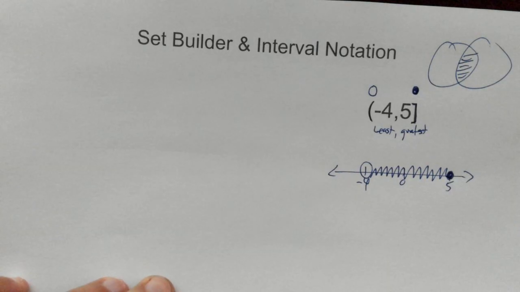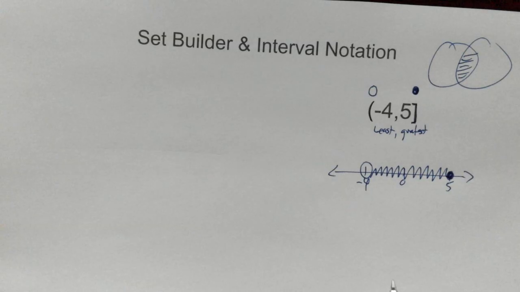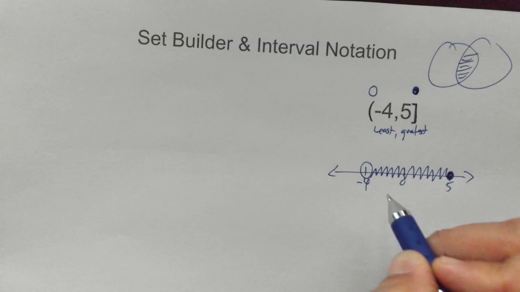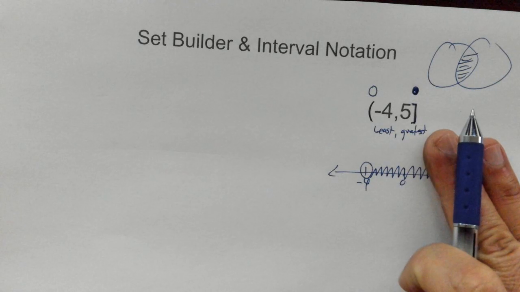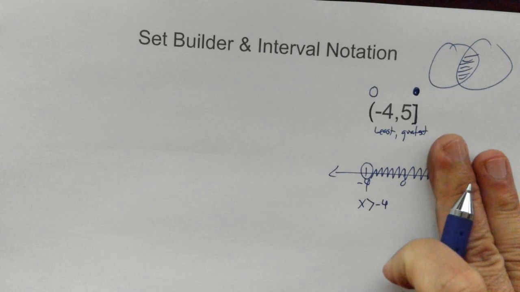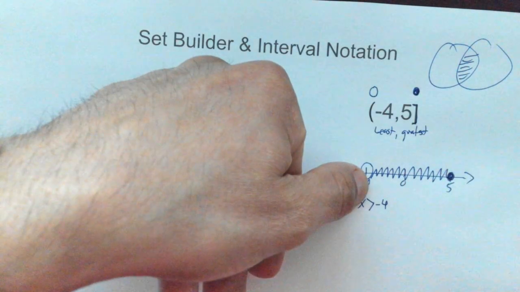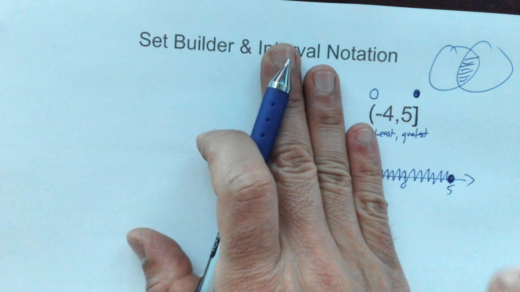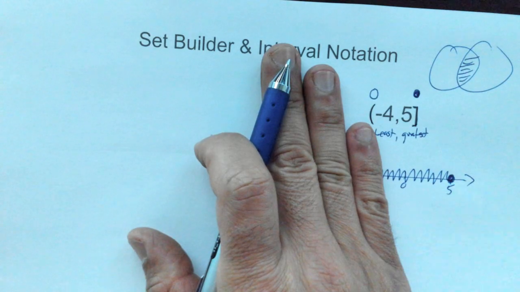So let's talk about this. This can be described in several ways. If I ignore the right side of the graph, just focus on -4, we're dealing with everything greater than -4, right? Everything to the right. Meanwhile, if I cover the left, I'm also dealing with everything less than 5 and equal to 5.